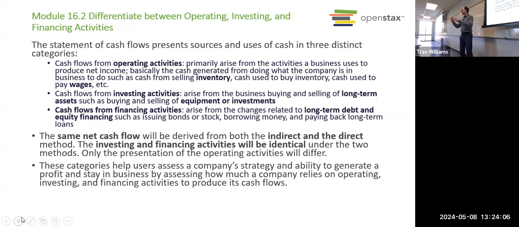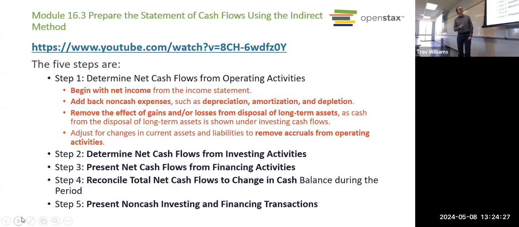If you do it both ways and you get a different number with one way than with the other way, then there's something wrong. With the investing and financing sections, there's only one way to do each of those. So that makes it simple. Well, simpler. The operating section is the more complicated area.